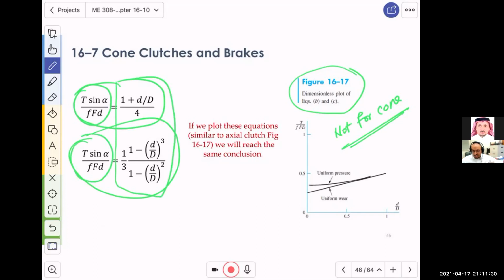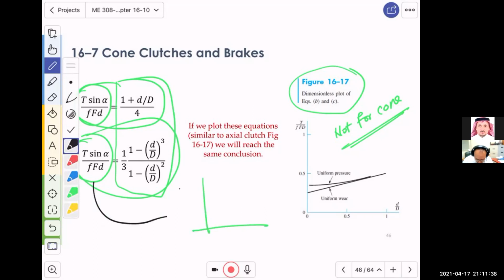So the expectation again is that if you make a plot, you put T sine alpha divided by F D on the left, and here you plot d over D. You will get two curves like this, and what is said in the book is that there is a point, which wasn't explained in the book but I assume is around 0.6, similar to the previous case, where the uniform pressure and the uniform wear will be almost the same.